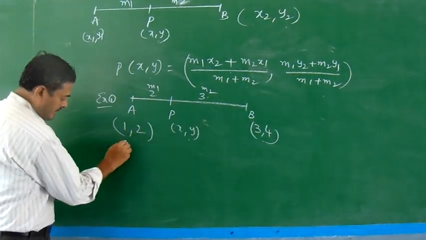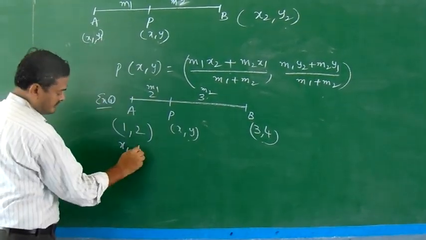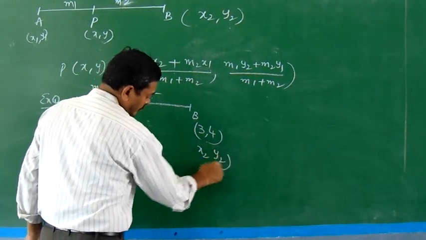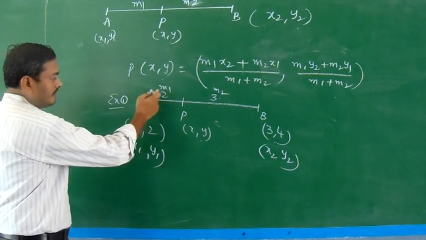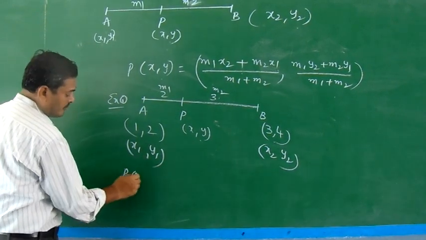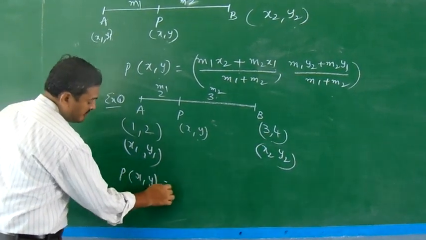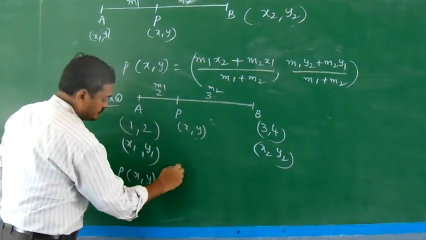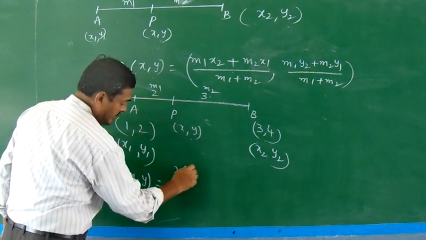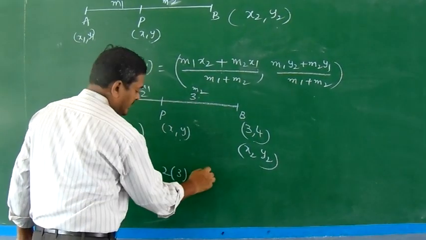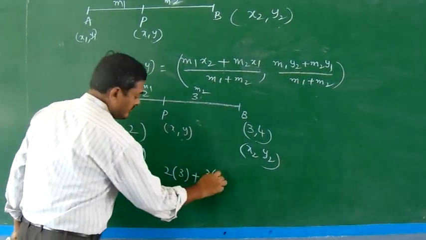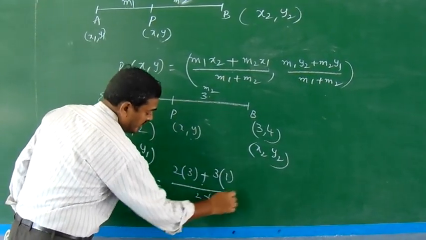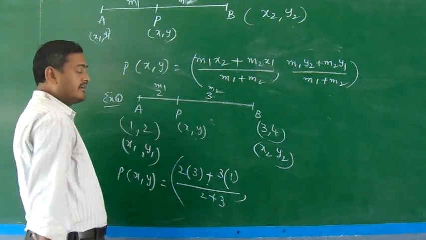Now here A is (x1, y1) and B is (x2, y2). P(x, y) equals m1 x2 plus m2 x1 by m1 plus m2, that is 2 into 3 plus 3 into 1 by 2 plus 3. This is the x coordinate.